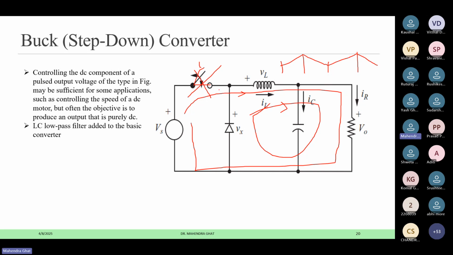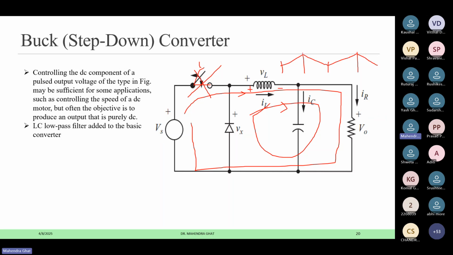See, first when we are applying the source, we have VL equal to L di by dt. So we are trying to force the current to increase, so di by dt is positive. So we can say we are getting plus and minus here. That's why the current is positive and VL has the polarity of plus and minus. Now when the switch is off, what is happening?